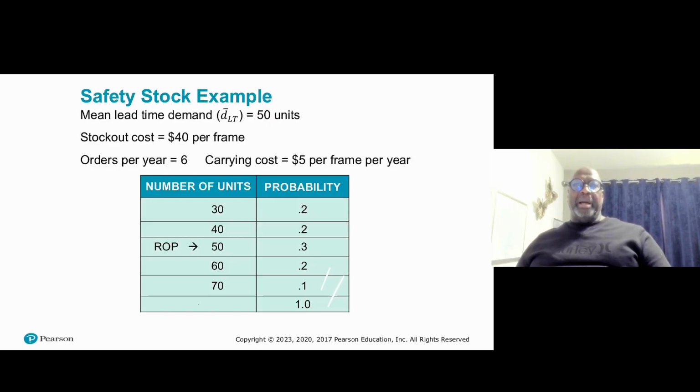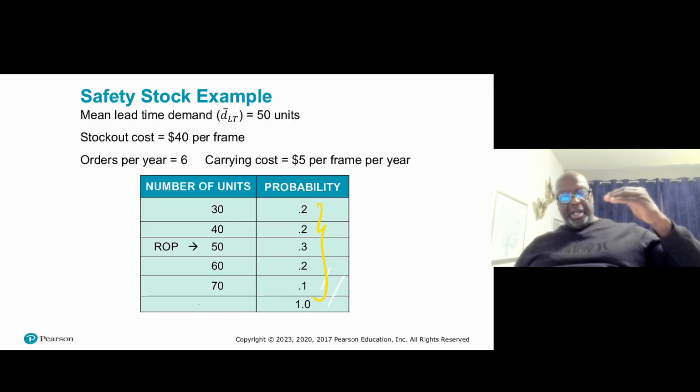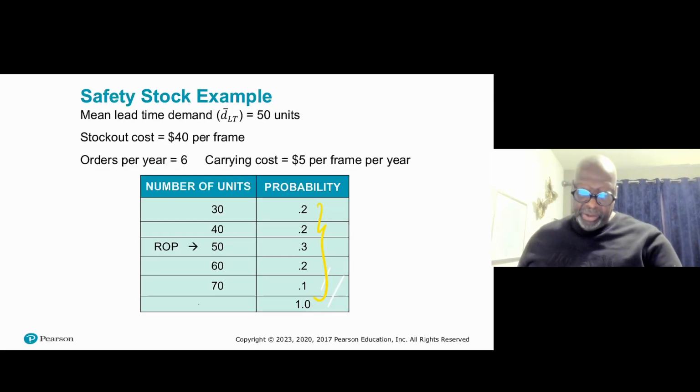This is just an example where we have a discrete probability distribution, and we're trying to determine the balance between stocking out, looking at your stock out costs, and your carrying costs, to determine what you should actually keep as a safety stock. So the reorder point right now is 50.